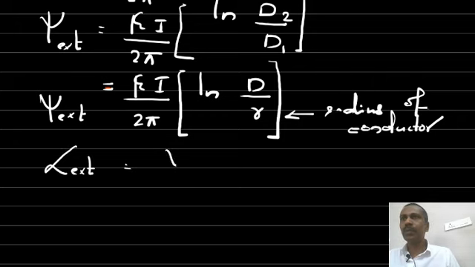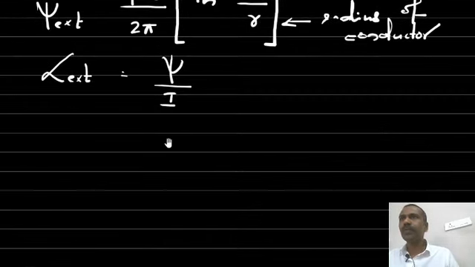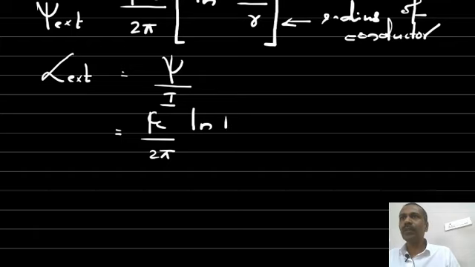It is equal to psi divided by the current, the flux linkage per current, which is equal to mu by 2 pi into, the current getting cancelled, ln d by r.